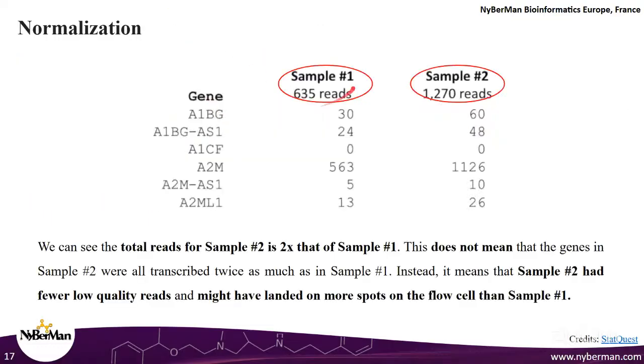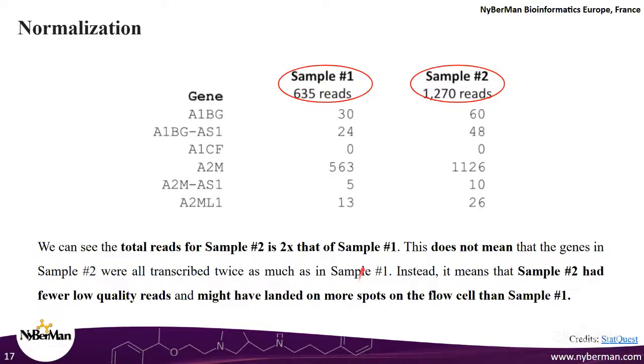Okay, consider this. Sample 1 has a total number of reads which is 635. Sample 2 on the other hand has 1270 reads, total reads, right? So clearly we can see that the total reads for sample 2 is actually double that of sample 1, right? This does not necessarily mean that the genes in sample 2 were transcribed twice as much as in sample 1.